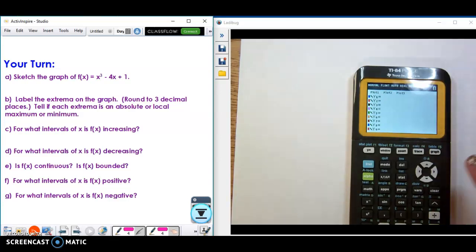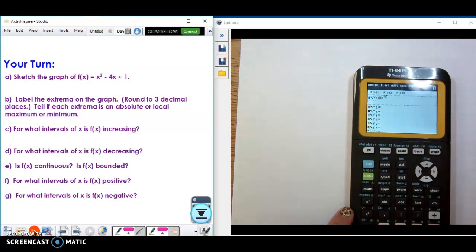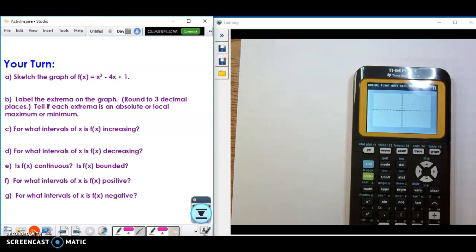So if you do have a calculator and want to follow along, in y1 make sure you put your equation here: x cubed minus 4x plus 1. And then I always just keep a 0 in y2. So x cubed minus 4x plus 1, and then we're going to graph those.